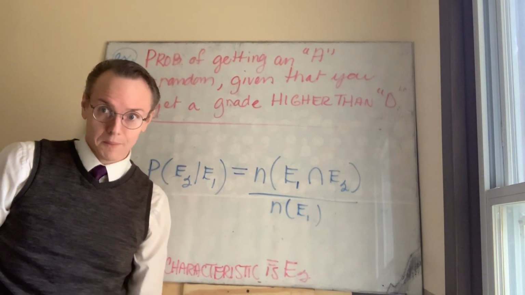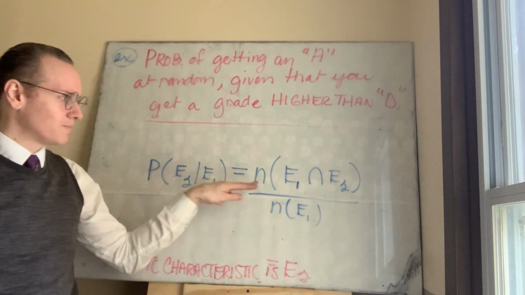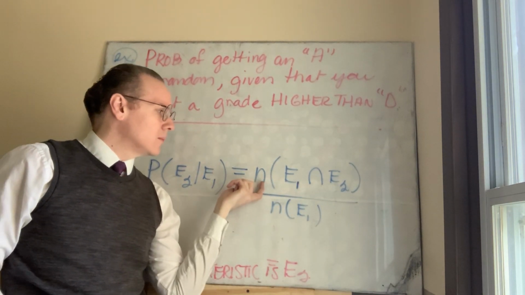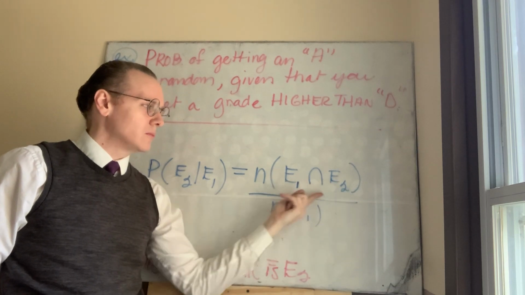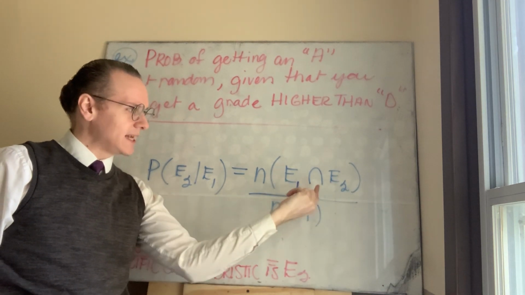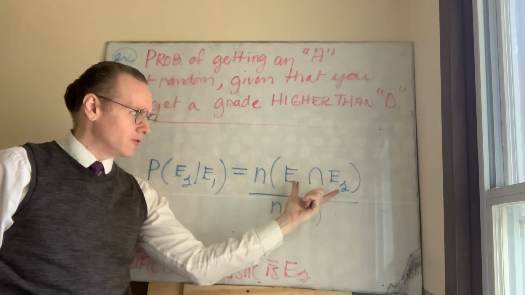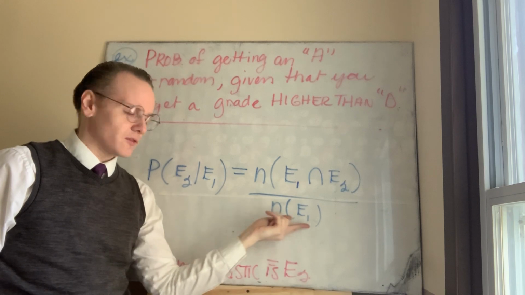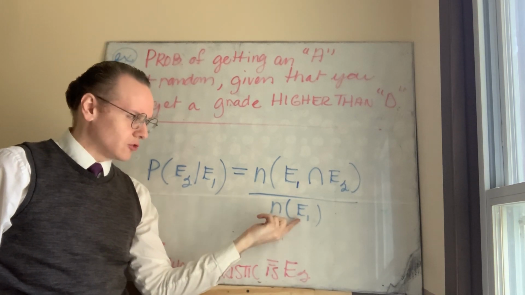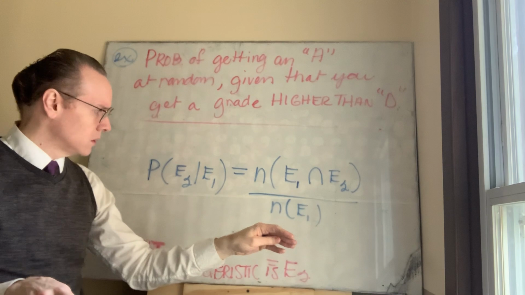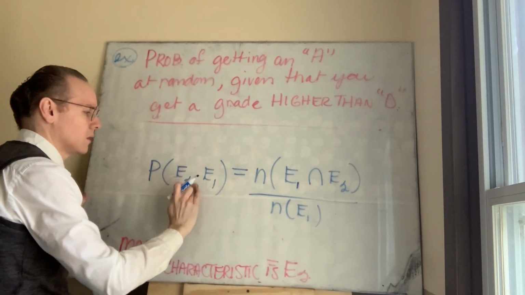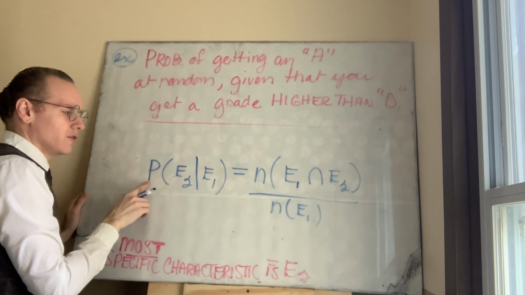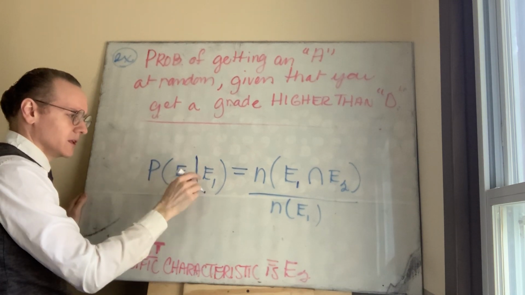That is a mouthful, right? It warrants repeating. This is read in English: the number of outcomes favorable to the intersection of event 1 and event 2 over the number of outcomes favorable to event 1 only. And this is read as the probability of event 2 given event 1.